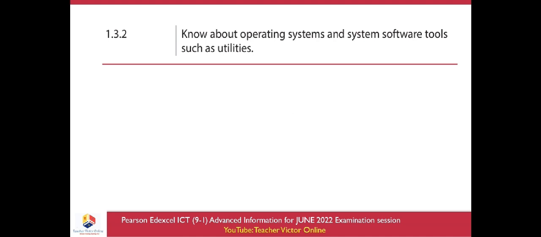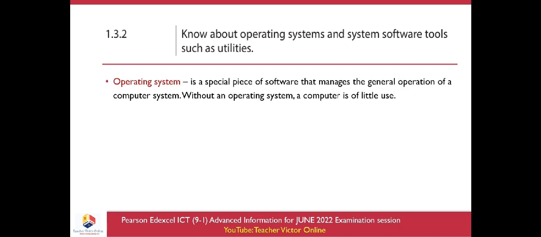We also need to know about operating systems and system software tools such as utilities. So we ask ourselves, what is an operating system? An operating system is a special piece of software that manages the general operations of a computer system. Without an operating system, a computer is of little use or simply no use.